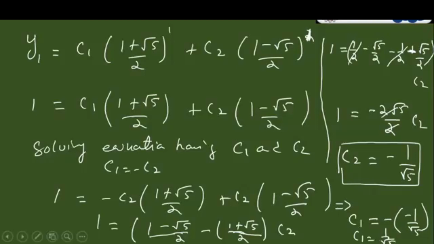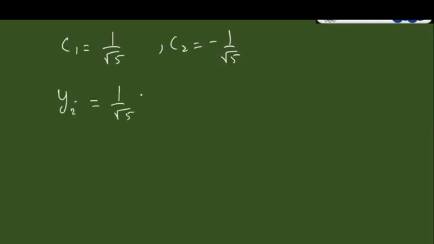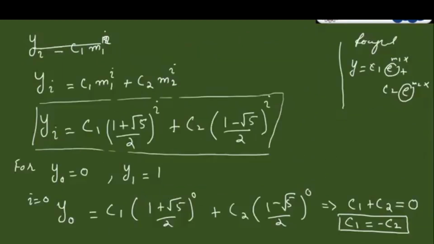So what I have to do, I have got c1 is 1 over root 5 and c2 equal to minus 1 over root 5, and I have this formula yi equal to c1... I'm talking about this formula. So I'm putting the values of c1 and c2 so that I can get the exact formula for this particular sequence.